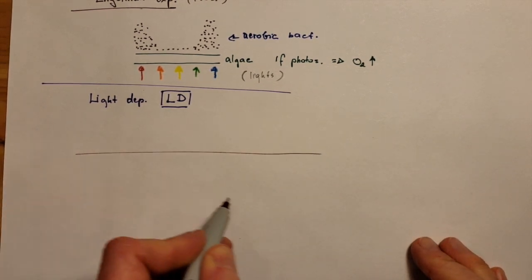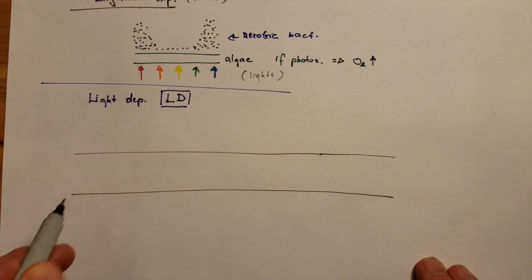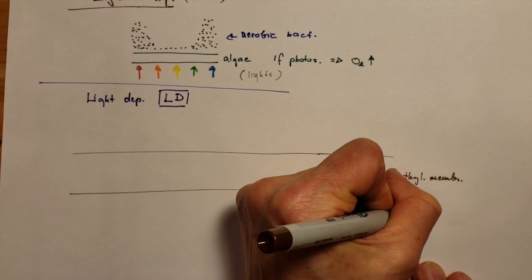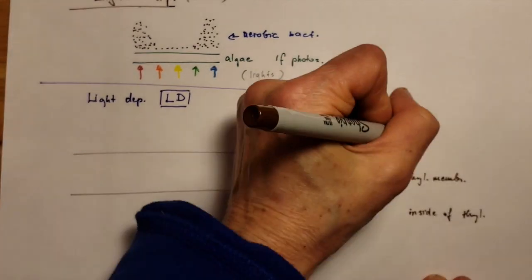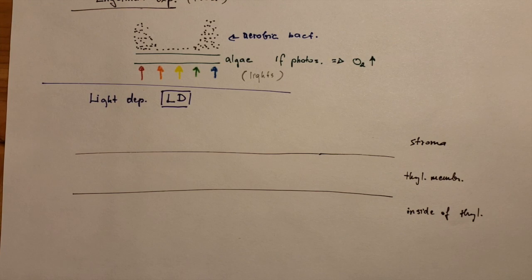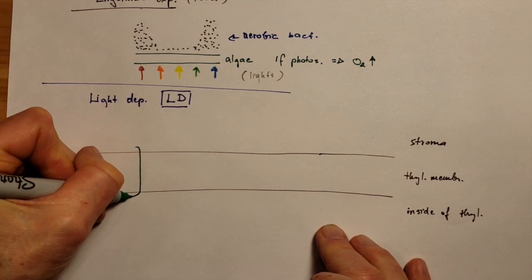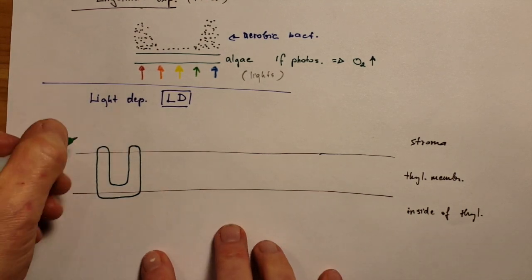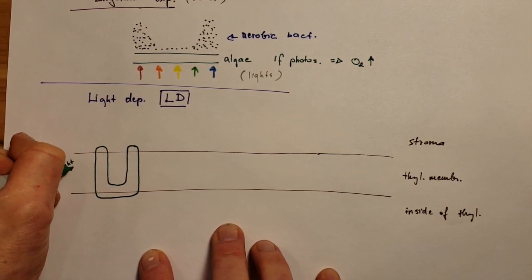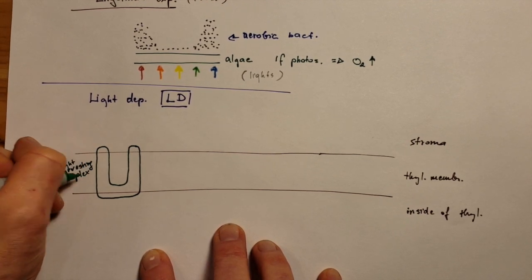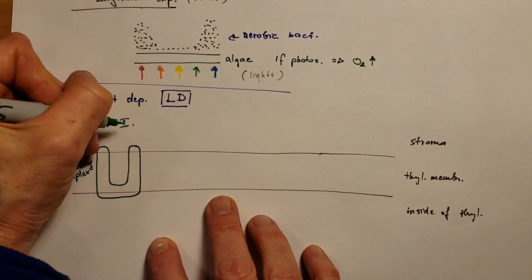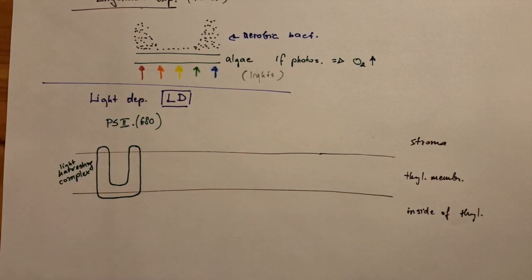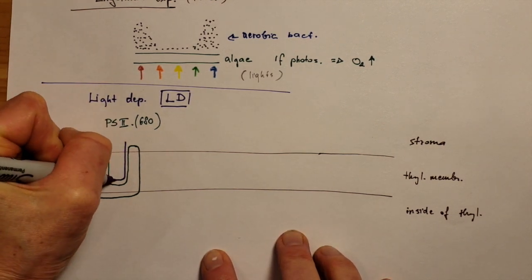Covering the light-dependent reaction, here is the thylakoid membrane. Inside of the thylakoid and outside, the other one is the stroma, we have the photosystem. The photosystem contains the light harvesting complex that contains pigments other than chlorophyll A. This is photosystem 2 at 680 nanometer wavelength.